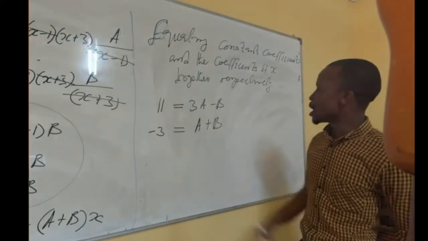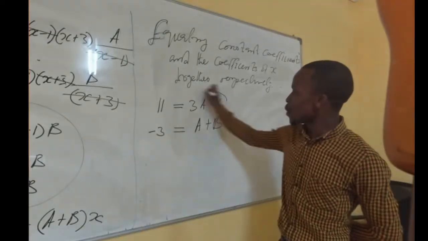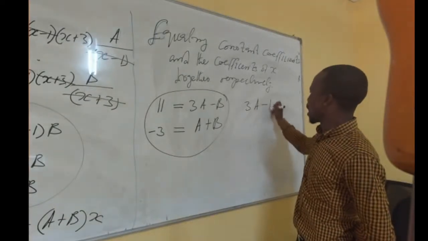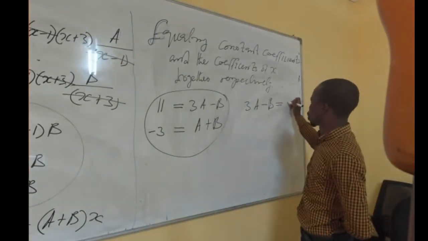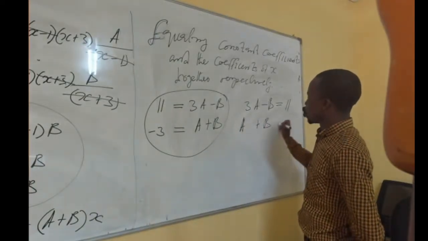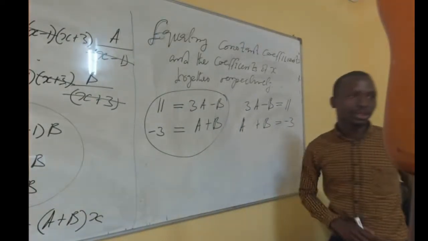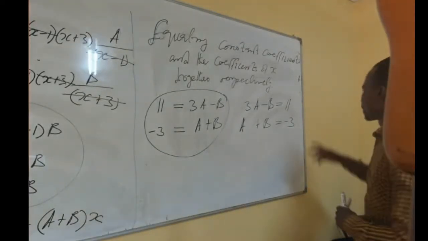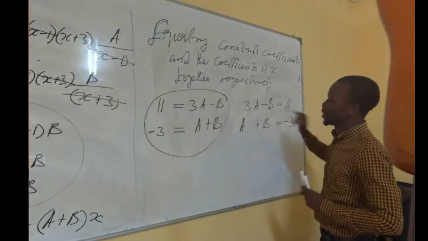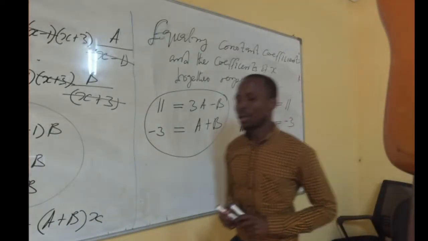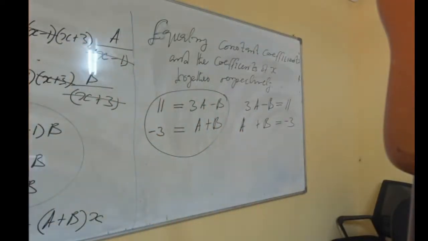So basically, what we have from this is a linear system of equations in two variables: 3a minus b is equal to 11 and a plus b is equal to negative 3.